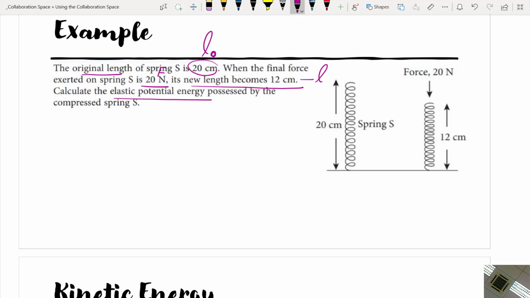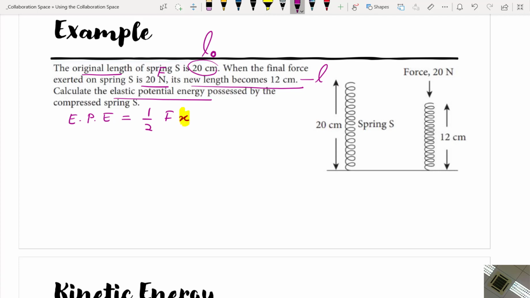Calculate elastic potential energy. So you must write equals to exactly half fx, but we don't have x right now.